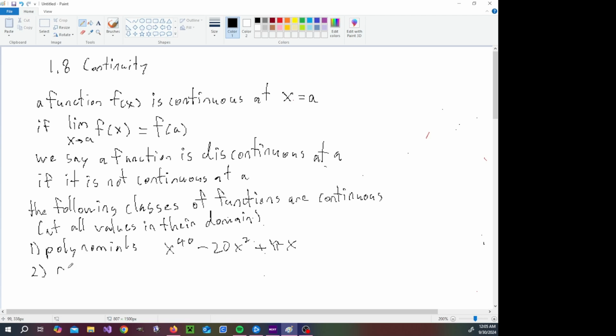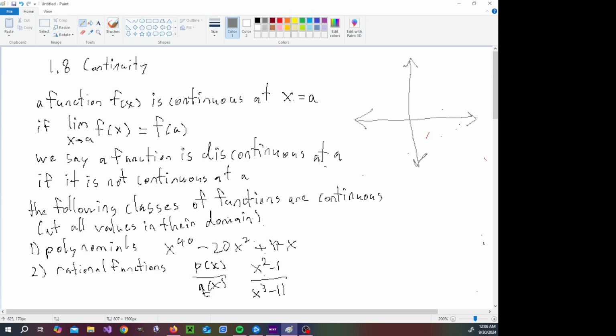Next, we have rational functions. Those are the ones that look like some polynomial over some other polynomial. So something like x squared minus 1 over x cubed minus 11. Well, hold on, this feels weird, right? Because if you draw the graph of a rational function, it might have holes or asymptotes in it.